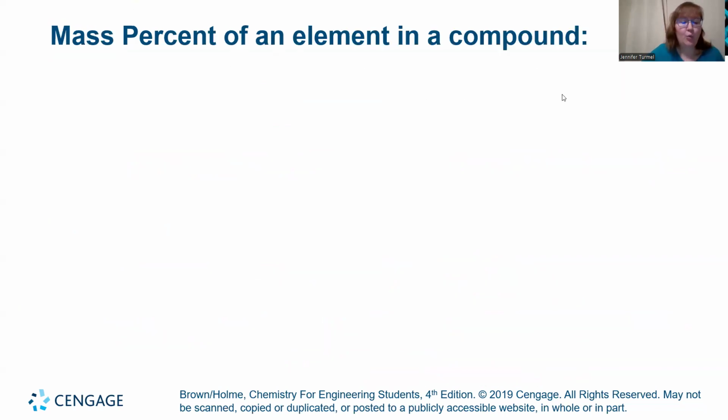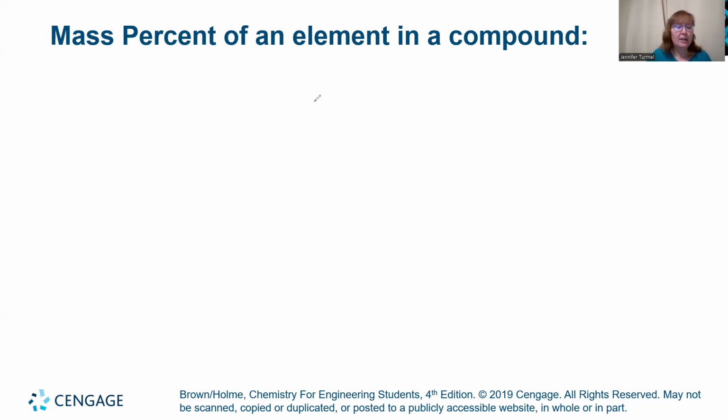Okay, so now we have mass percent. So real quick, I'm going to go ahead and insert something here where we just review mass percent. So mass percent in a compound looks like this.